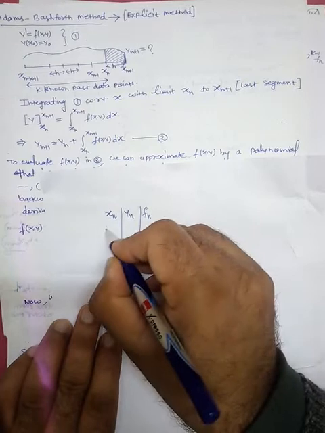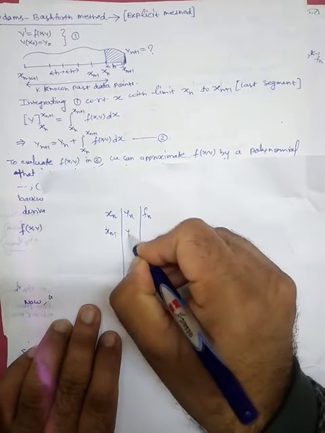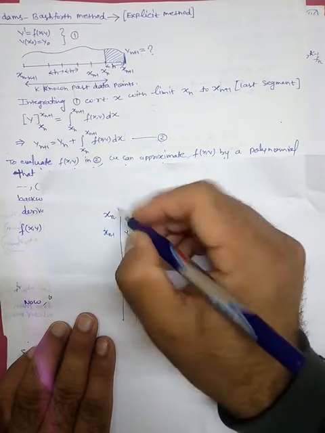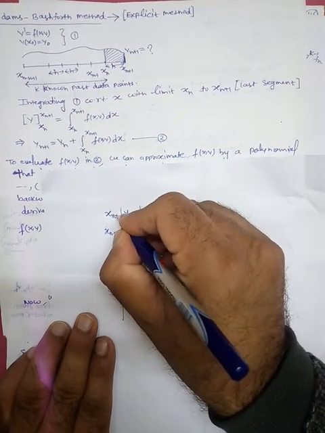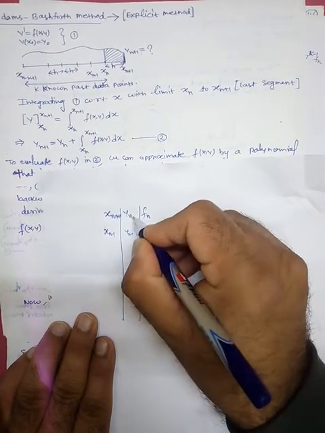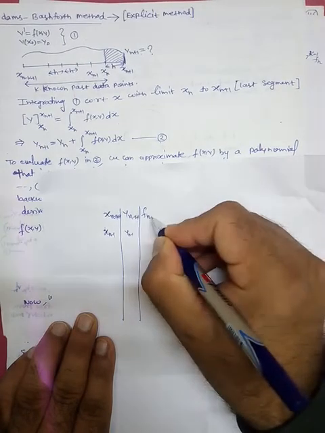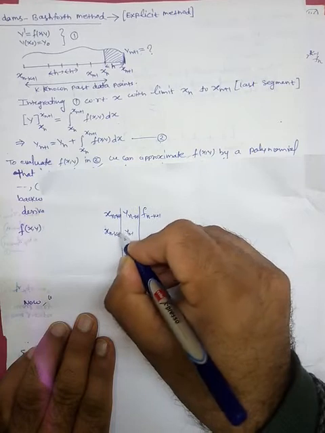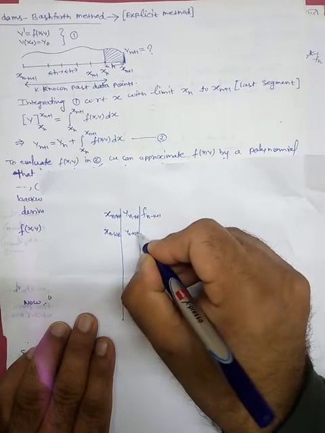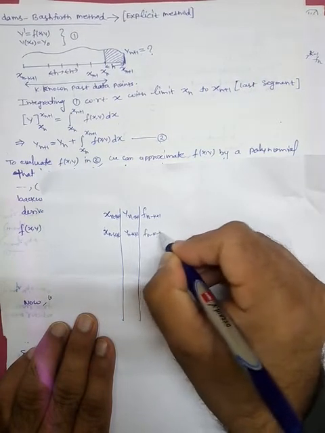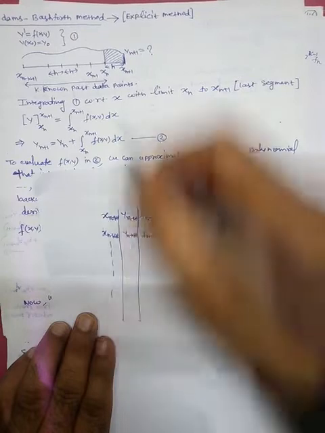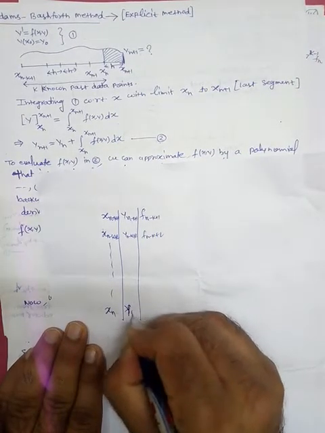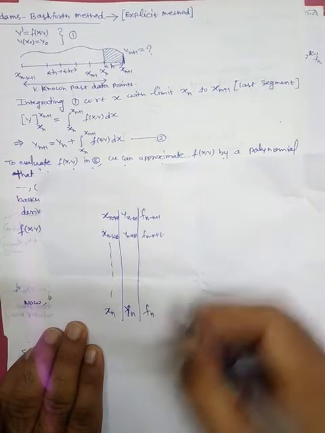Then the next point will be xn minus 1, yn minus 1. Here we will start with this, because this is backward Gregory. So n minus k plus 1, n minus k plus 1, then n minus k plus 2, n minus k plus 2, f of n minus k plus 2, and so on. And the last point will be xn, with corresponding y, and then f of n.